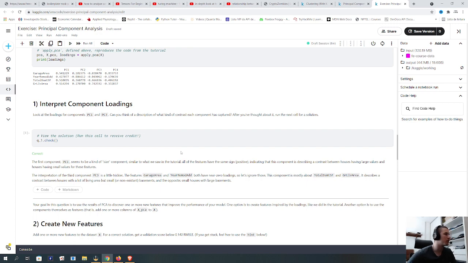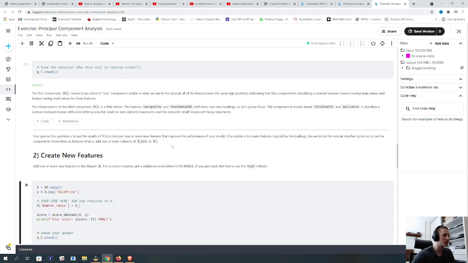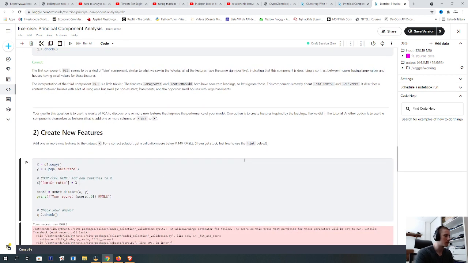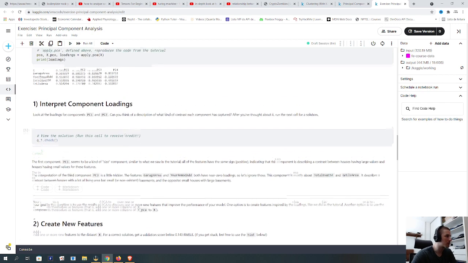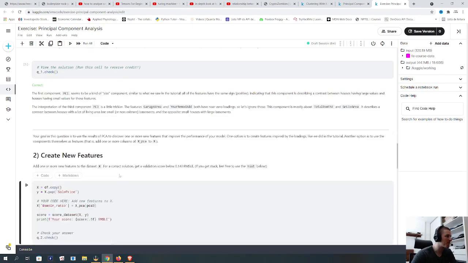I'm not sure how to put the PCA though. Oh, is this the correct way to put this? This probably doesn't work. PC3.